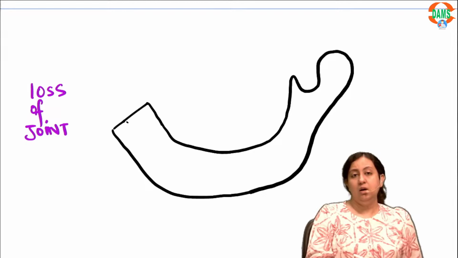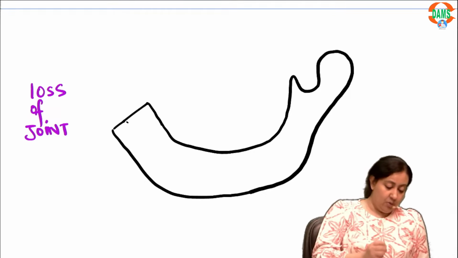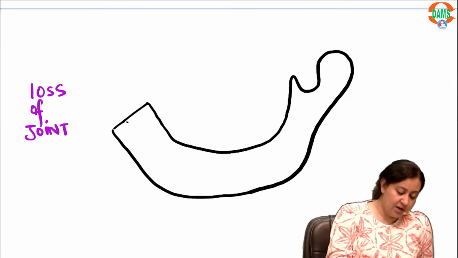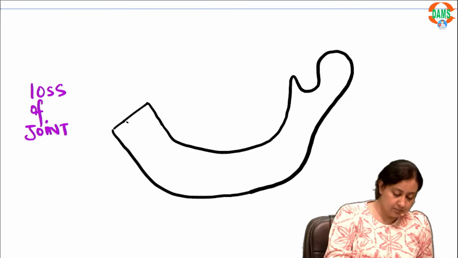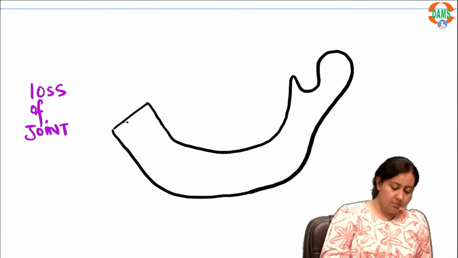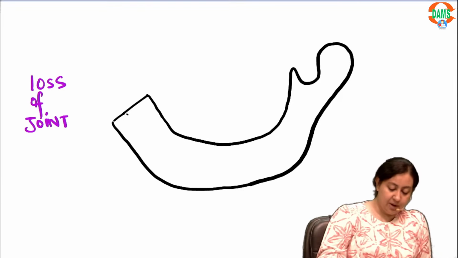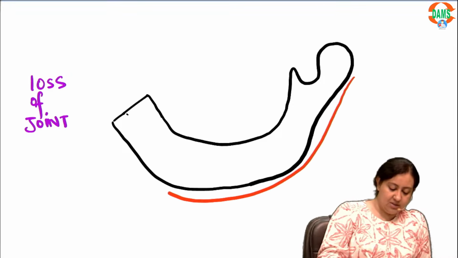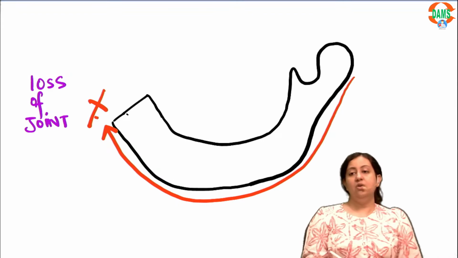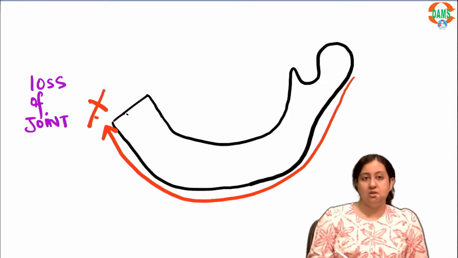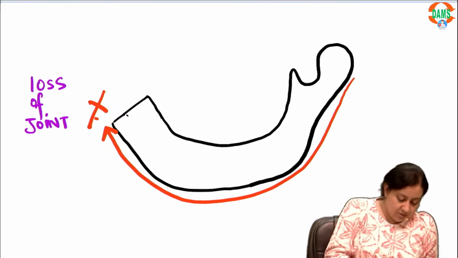Loss of joint. Now I want you to notice, if you trace the inferior border of the mandible from here to the other condyle, you will see that the continuity of the mandible has been lost. Alright?